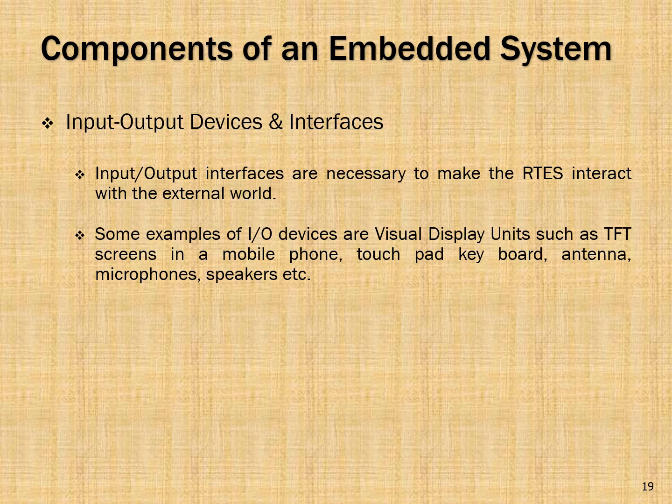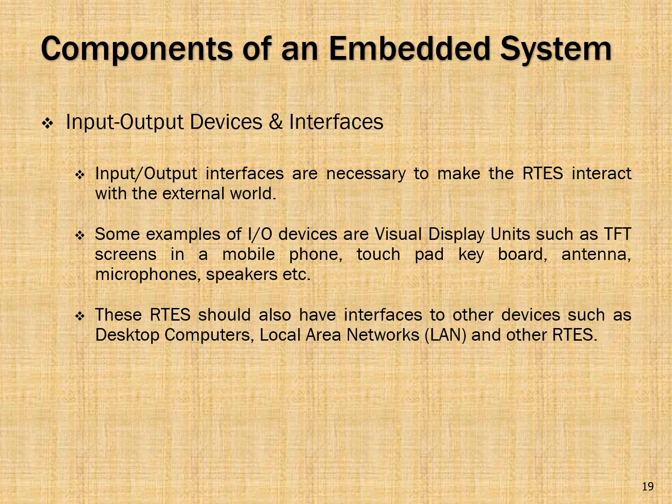And some examples of I/O devices are like visual display unit such as TFT screen or LED screen in mobile, then touchpad which is an input device, antenna which is used for transmitting the signal from the mobile phone or the embedded system, and vice versa. Microphone which is an input device used to record the voice. Speakers we use for playing the voices, which works as an output device, so on and so forth.